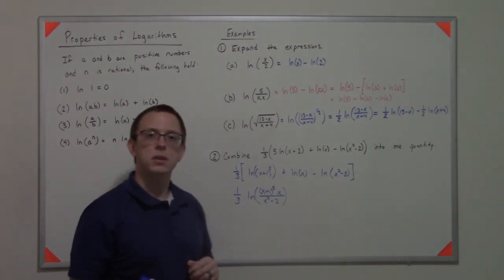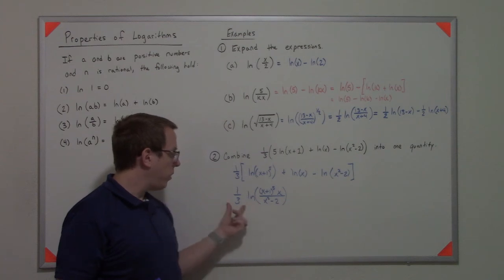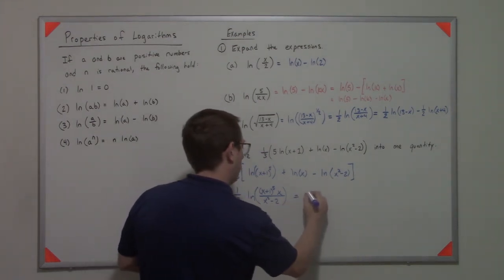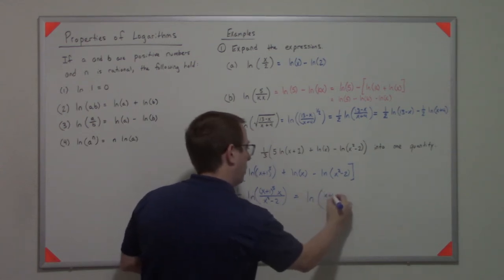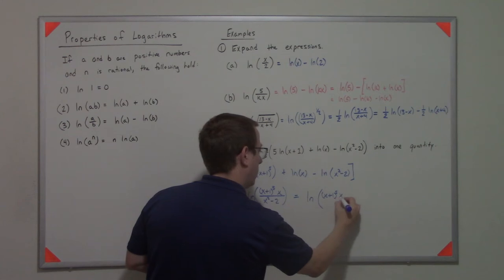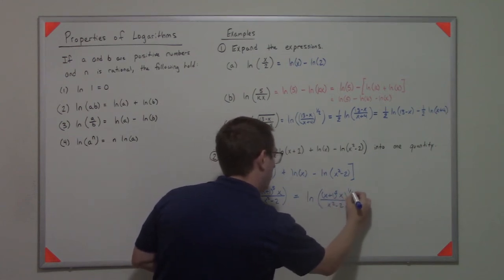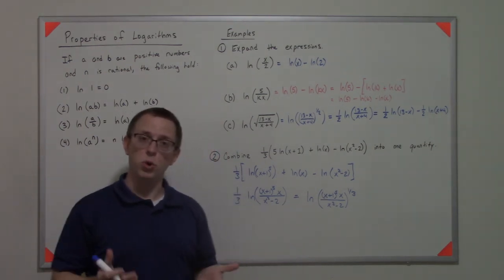Like that, okay? And so we're almost done. We have this, but we have this 1/3 here. So we want to move that up. But 1/3 power is the same thing as saying a cube root.